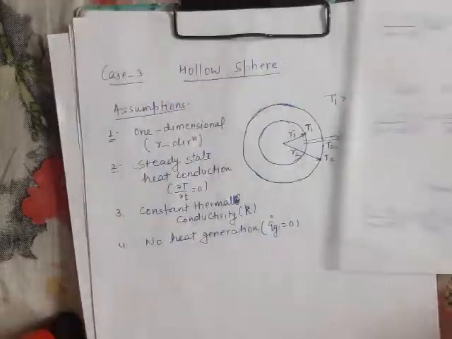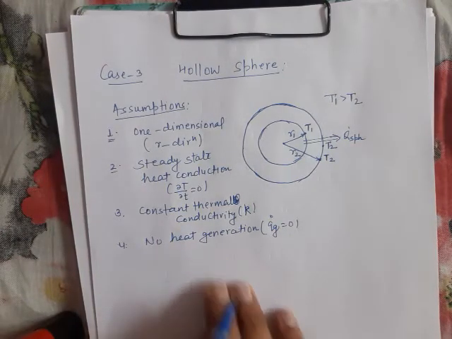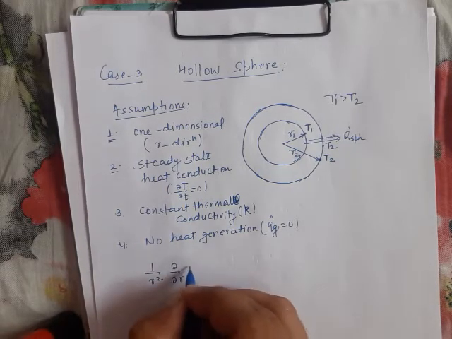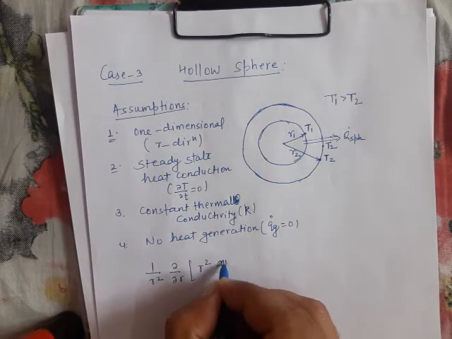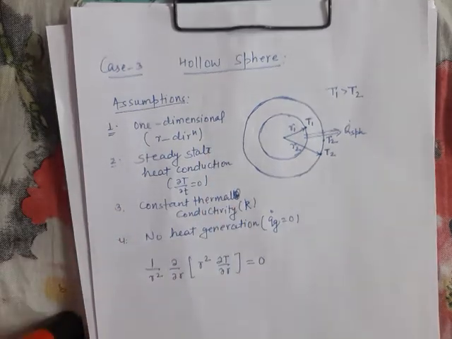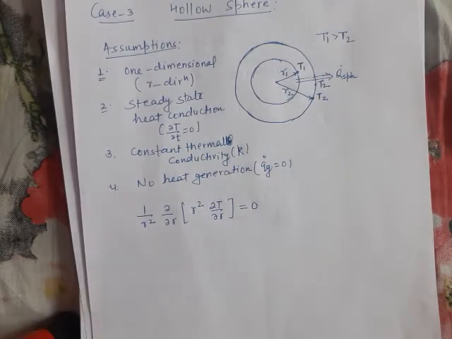So under all these assumptions, the generalized heat conduction equation in spherical coordinate systems reduces to 1 upon R square del upon del R of R square del T upon del R equals 0.